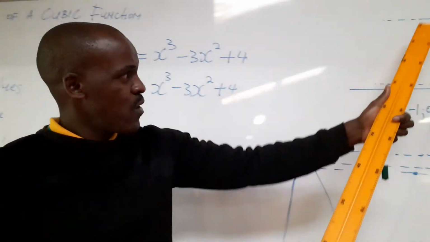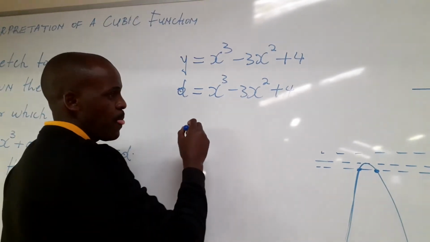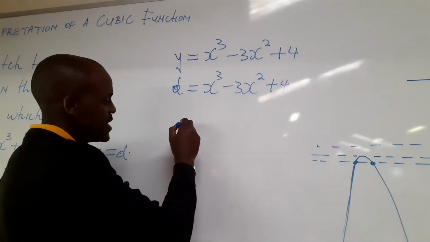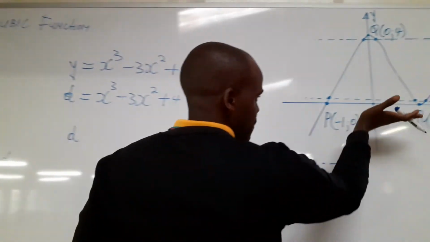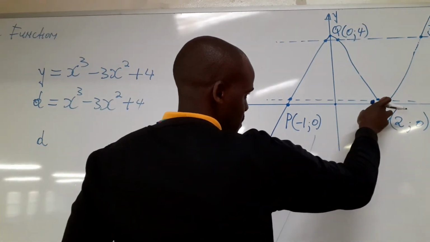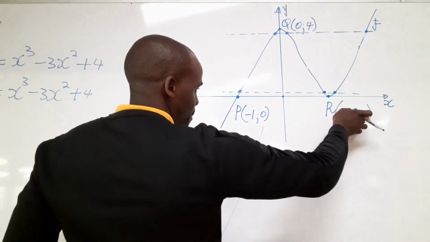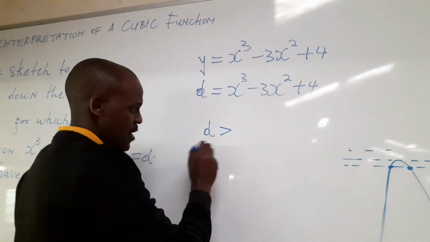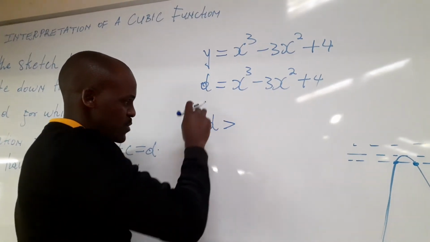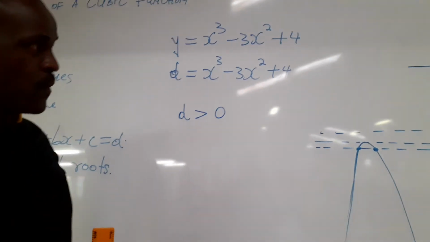So it's below point Q or above point R, which means it's where d, we are talking about d, is above 0. y is 0 here, so above this point, y is above 0, which means it's where d, our y is represented by d, is greater than 0.